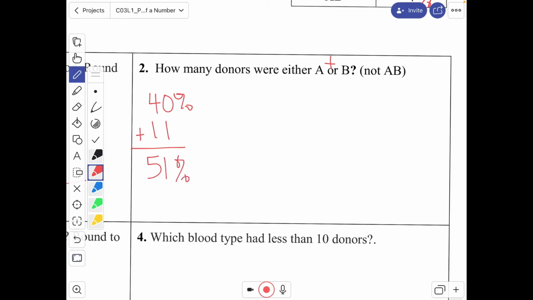But to figure out how many donors, we're going to need to find 51% of those 145 donors. Remember, of means to multiply. So 145 times 0.51. Remember, we always move the decimal 2 spaces when we're dealing with percent. And go ahead and work that out.